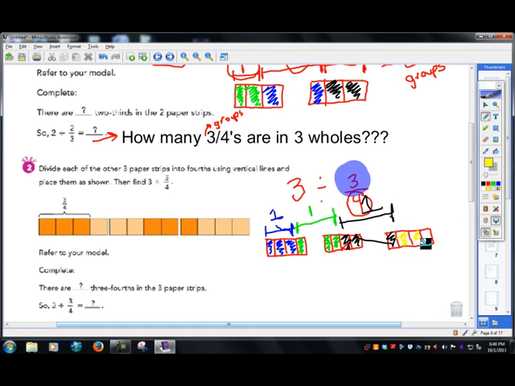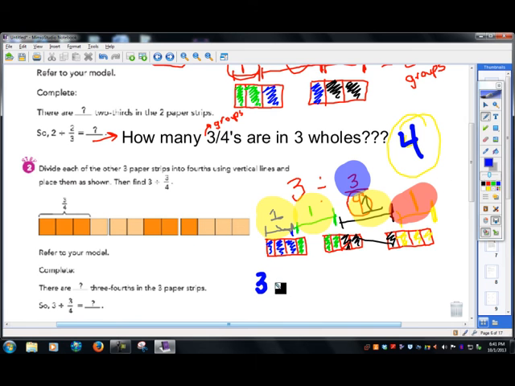There's yellow. 1, 2, 3. That is one group. Now we can add up our groups. We have 4 groups of 3/4 in 3.